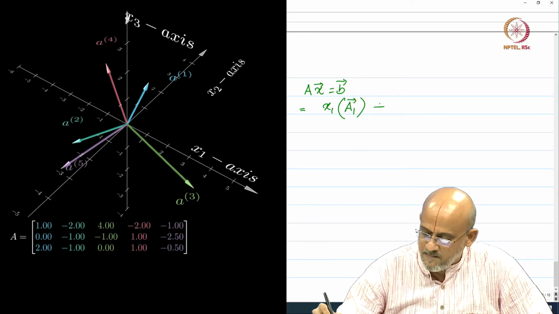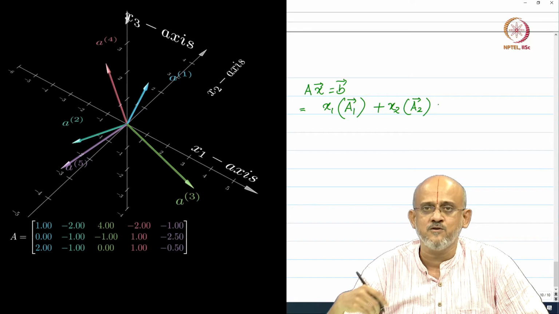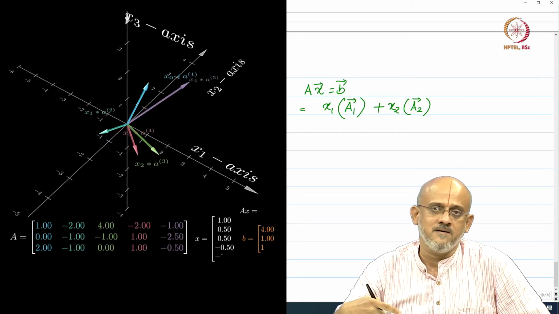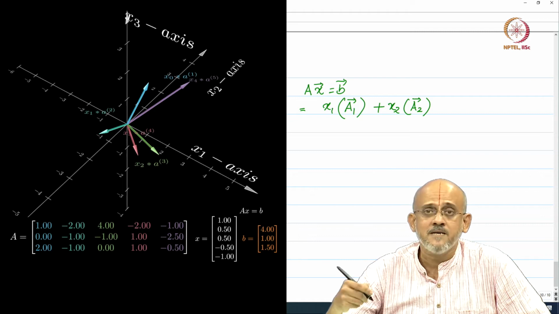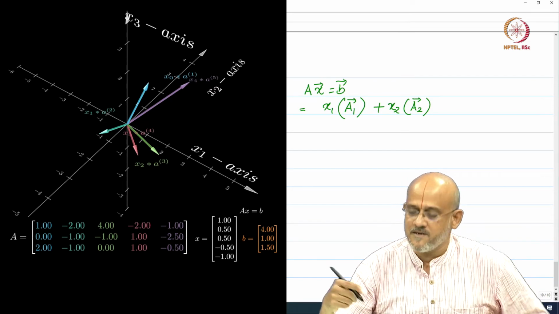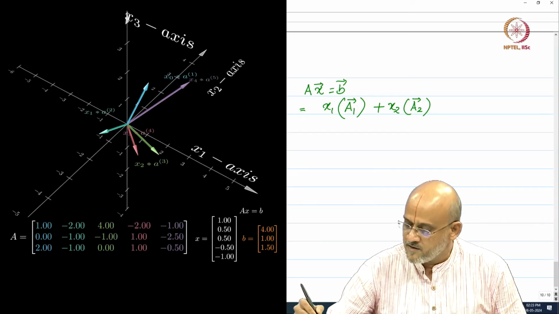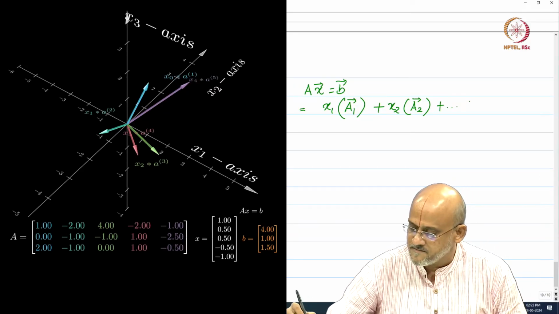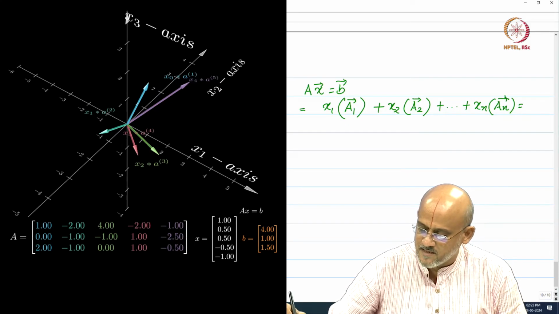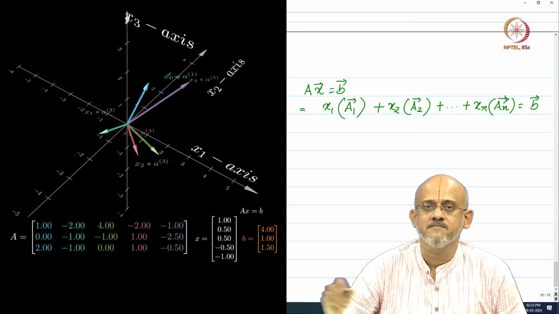So x1 A1 plus x2 A2, and so on. The solution x gives the scaling factor for each of the column vectors of the matrix A, plus etc., xn An, and this is equal to the vector B.